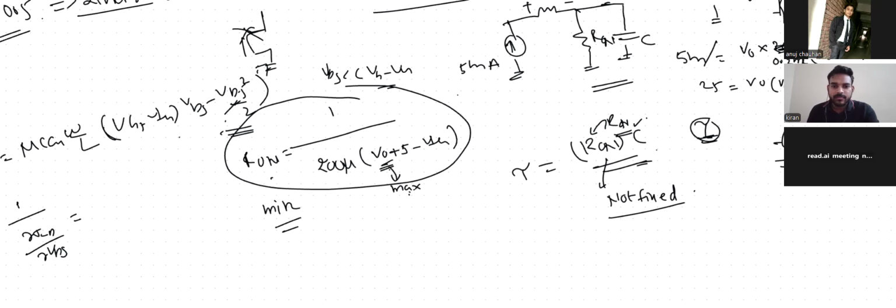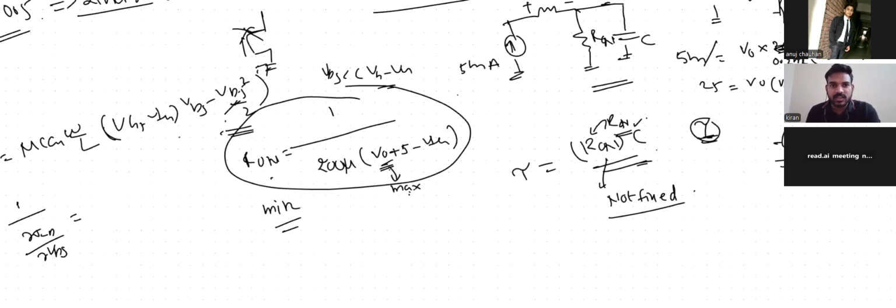But what is the steady state value of Vds? Is Vds affecting it or not? The maximum value of Vds is what? If it is of the order of 1 volt or 2 volt, then it will be significant.